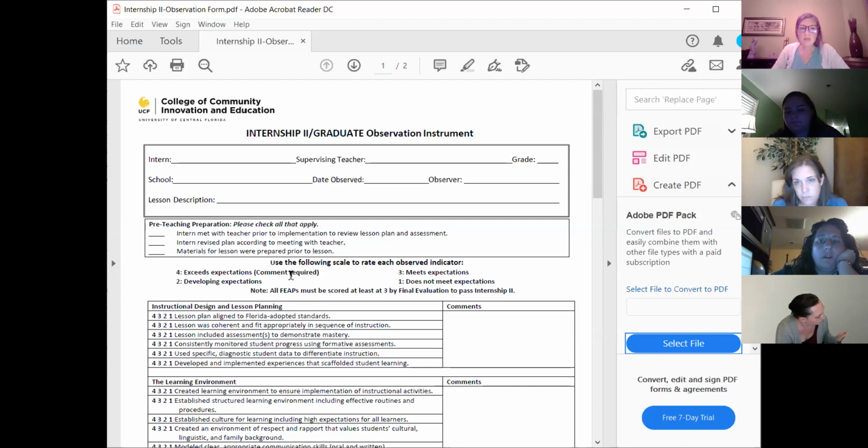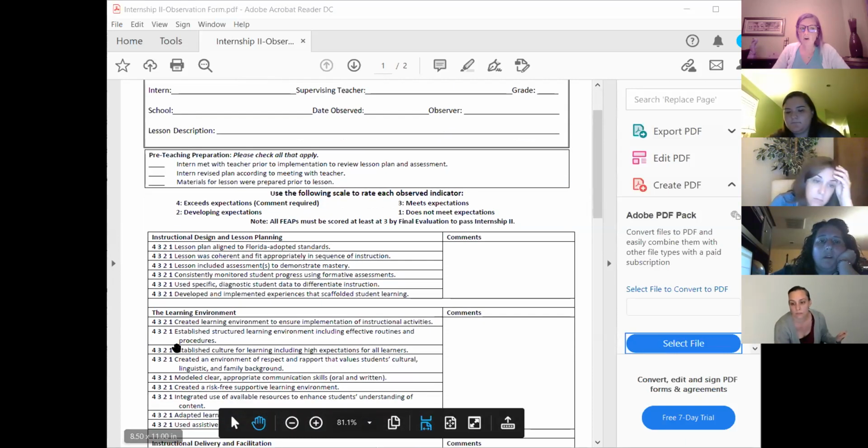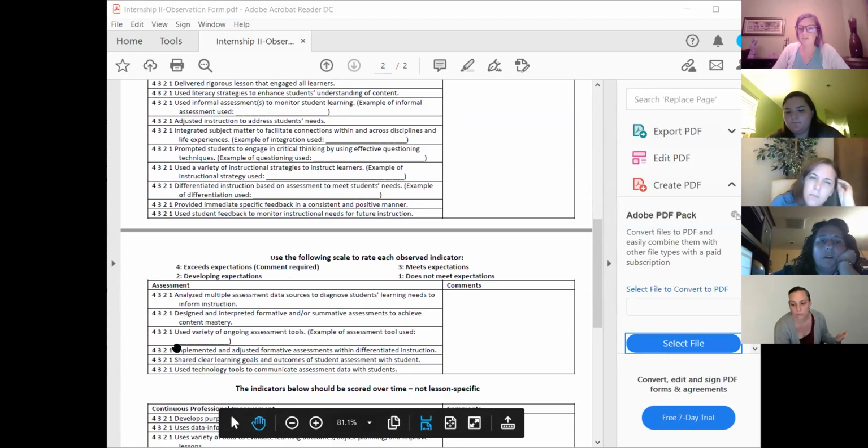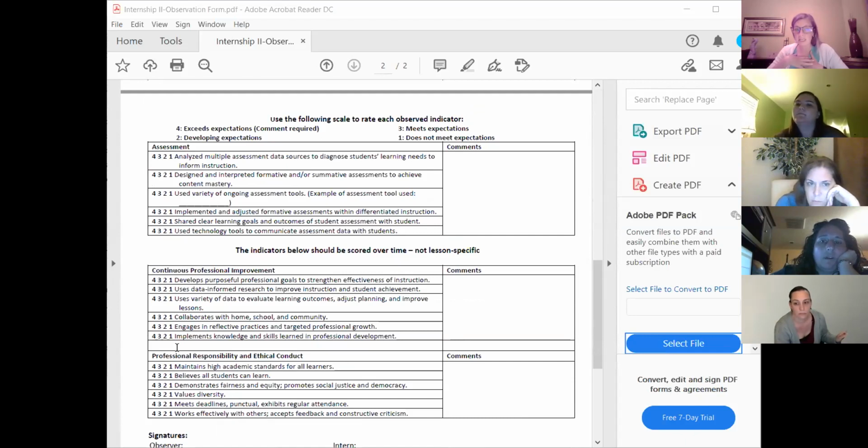And also, you may not get scores in all of these categories in every lesson that's observed. There are a lot of things, especially for me, I'm not going to be able to see in a 30-minute lesson. How you communicate with the home, how you're using data-informed research to improve instruction. A lot more of that is going to come from your supervising teacher.